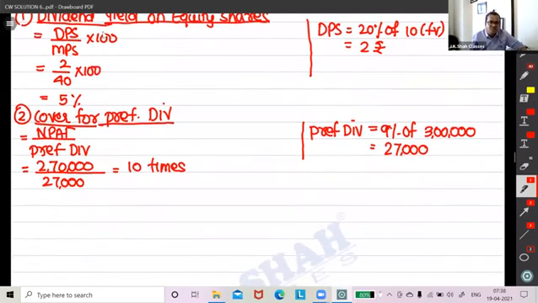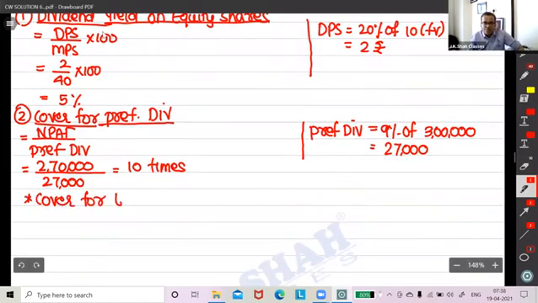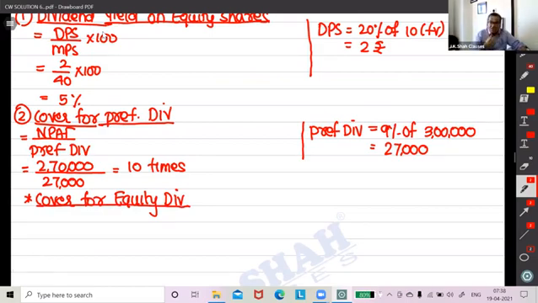In the same question, we also have to calculate cover for equity dividend. Now see, we did not do this ratio very specifically, guys. We haven't done this ratio very specifically. Why? No company would otherwise calculate it. Now you've been asked to calculate, so we'll do it. Understand, equity dividend is fixed or fluctuating? Fluctuating. Whatever we calculate this year, will it apply next year?